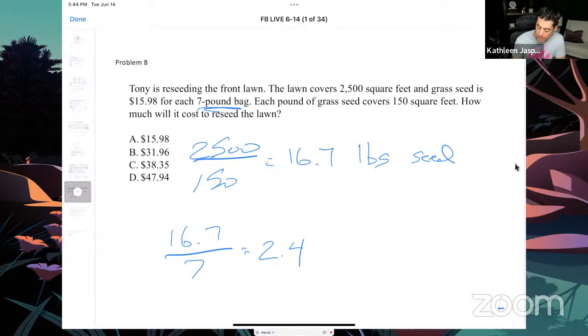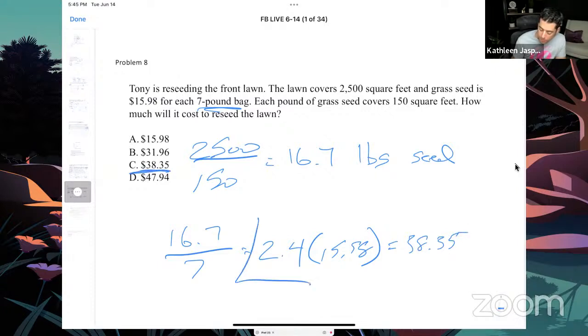And so some people might just do 2.4 times, right? If it's only 2.4 and it's $15.98 for each 7-pound bag, well, I only need 2.4 bags, right? So I do 15.98 times 2.4. And you get 38.35. You see that they have 38.35 here.